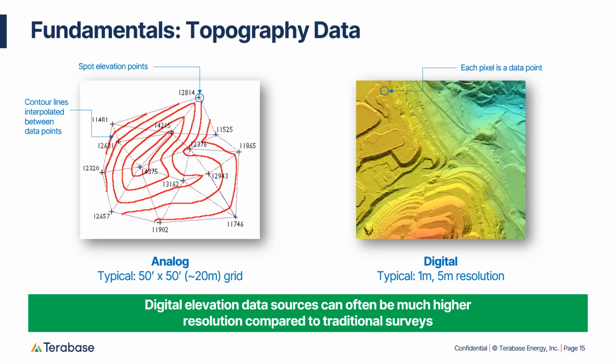You receive points from a surveyor. The surveyor will provide those to you. They'll either provide a surface along with it, or you'll use those points to build a surface to represent your original grade.